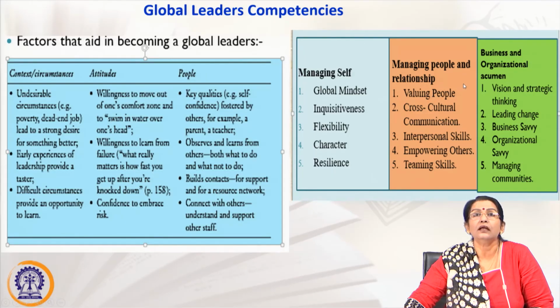Positive relationships, then only we can move towards the business organization. That will help individuals or leaders acquire business acumen, like vision and strategic thinking towards future goals, leading a change. So, you can be a change catalyst within the organization, in the community, in society, and you will be a very apt businessman, business savvy.